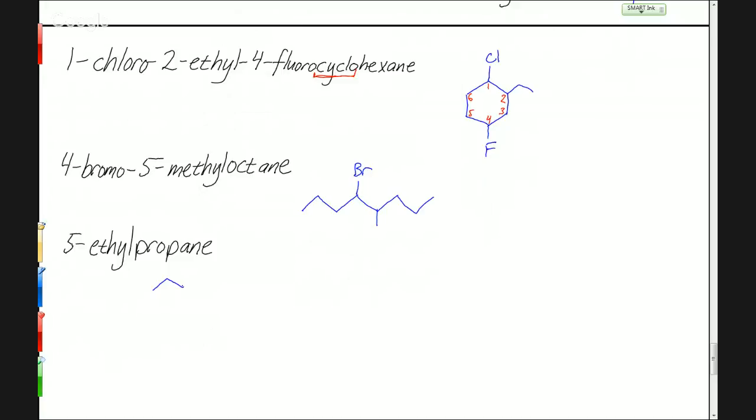Actually, there can't be any ethyl propanes because even if we had something like 2-ethyl propane, it would be like this. But that's actually 2-methylbutane, which is the better name for that, because you can have 1, 2, 3, 4 carbons, and then the methyl comes off number 2.